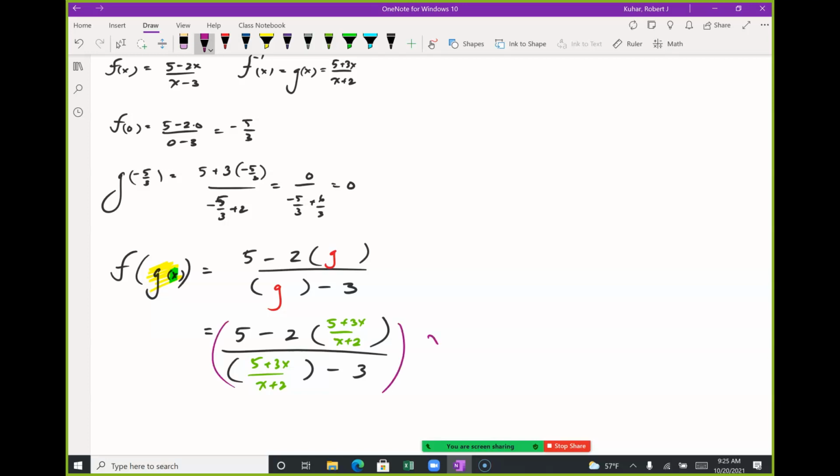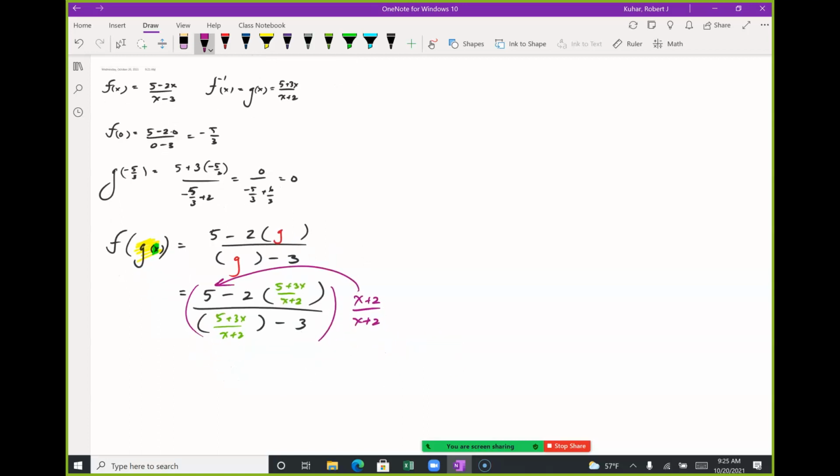Well, it turns out just to be x plus 2, so I'm going to multiply by 1 in the form of x plus 2 over itself. And I'm going to distribute this in now. So without skipping steps, I get 5 times x plus 2 in parentheses minus 2 times x plus 2 times that original function g, 5 plus 3x over x plus 2.